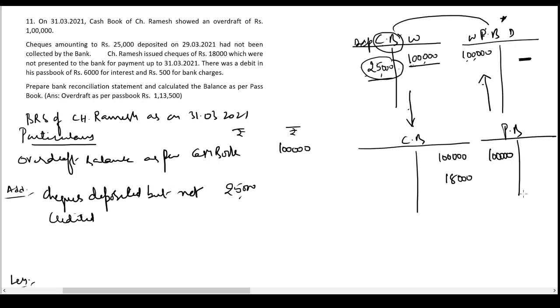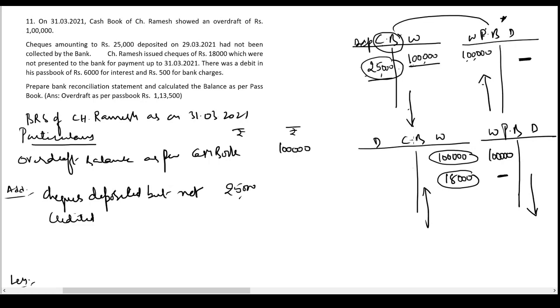So I've recorded a withdrawal in the cash book, but the checks have not been presented. Hence there is no debit in the passbook. This is withdrawal side, this is withdrawal side, this is deposit side and this is the deposit side. So there is no withdrawal in the passbook because the creditor has not yet gone to the bank for collecting the money. Now observe, this account started with a credit balance. There is another credit, so balance is bound to increase, whereas the balance is relatively less here.